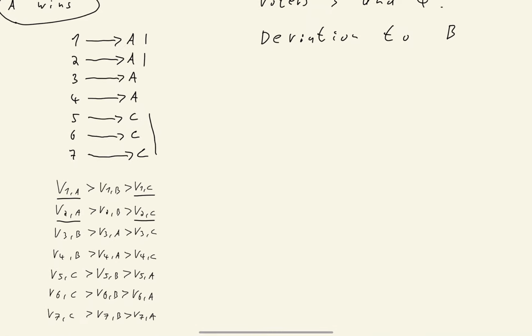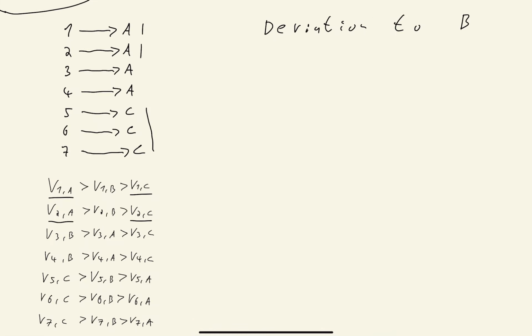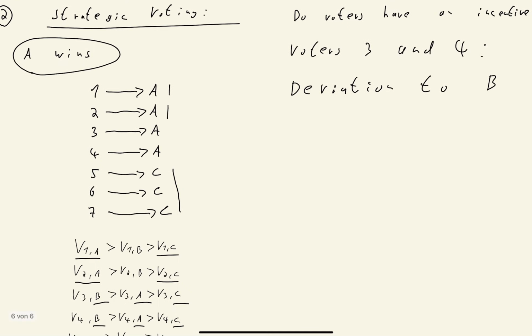If you take a close look at the preferences of voters 3 and 4, you see that they prefer B over A over C. And if they wouldn't change their behavior, so if they would stick to the voting behavior that I exposed here, A would win. But if they would switch to B, then candidate A and candidate C would have the same amount of votes.